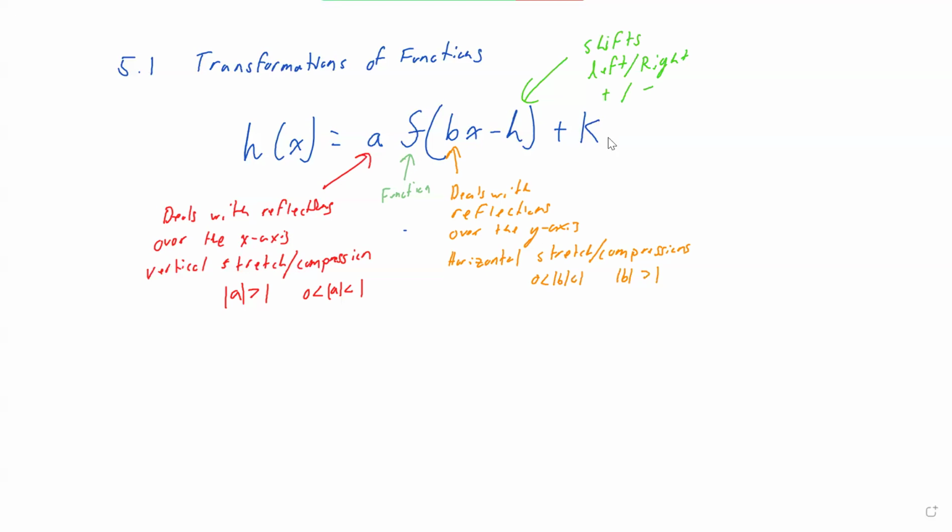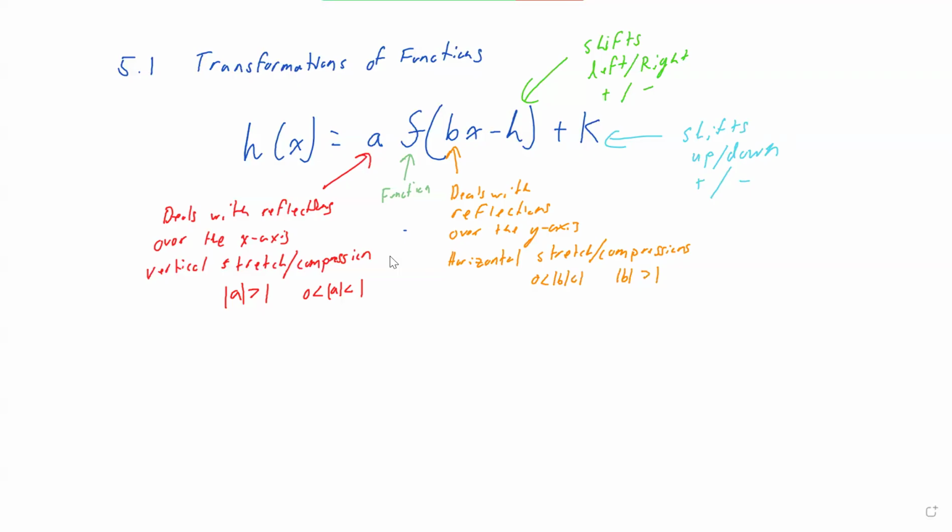And then the last one here, your K, deals with shifts up and down, where it does exactly what you think it would do. So if I'm adding, I'm going up. If I'm subtracting, I'm going down. And this is pretty much the exact same transformations for every single different one. It just might look different, but it has the same characteristics.